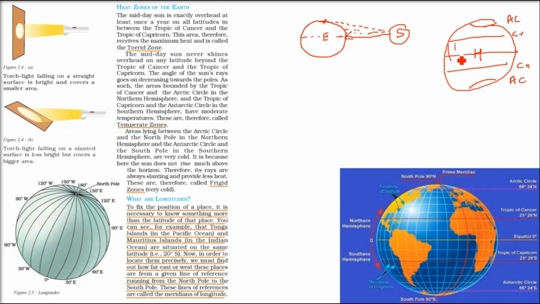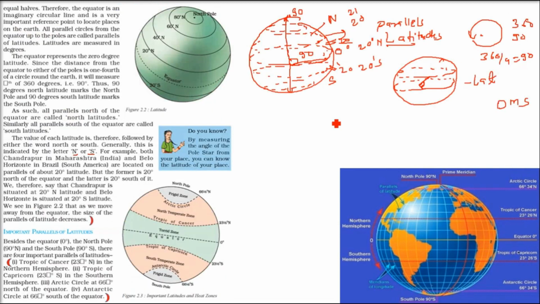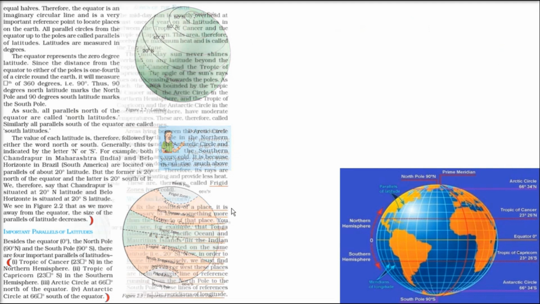So this part, which is getting a lot of intensity of heat from the sun, almost perpendicular sunlight striking this area, we call Ushna Katibandh, or torrid zone. This part which is very hot is torrid zone.